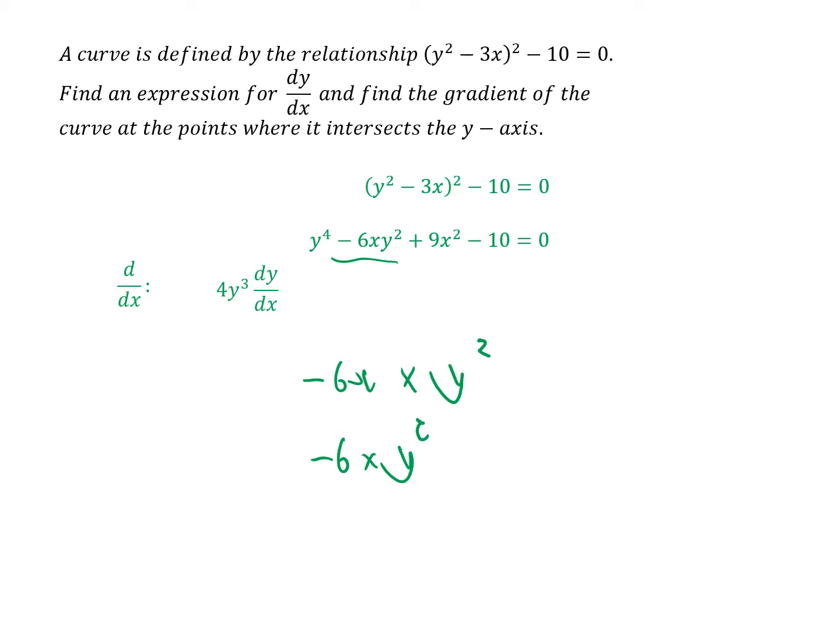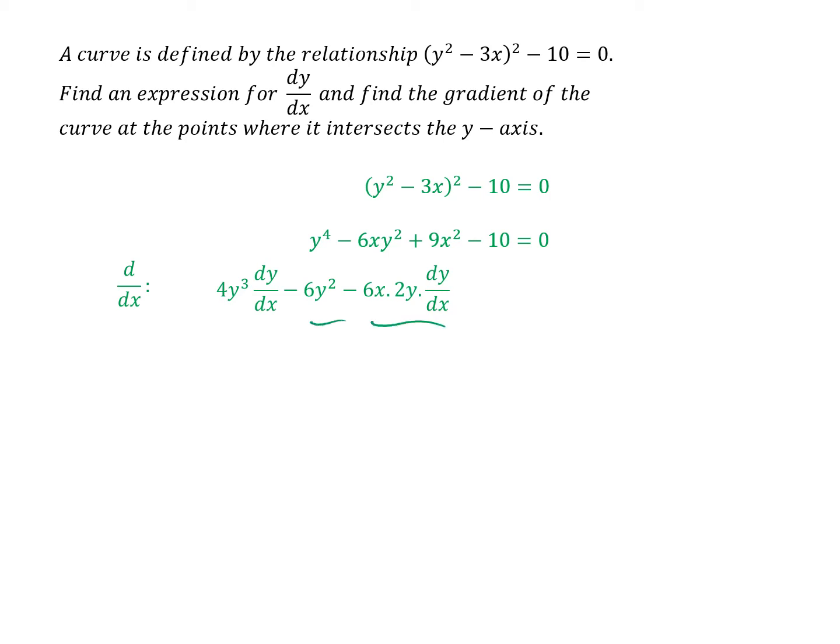And then I differentiate the second one, which is 2y dy/dx, and multiply that by the first one. So differential of the first multiplied by the second, plus the differential of the second multiplied by the first. So those are the two terms I get from differentiating minus 6xy squared.